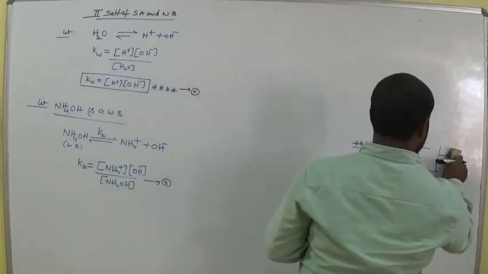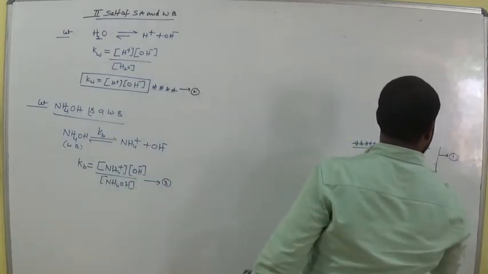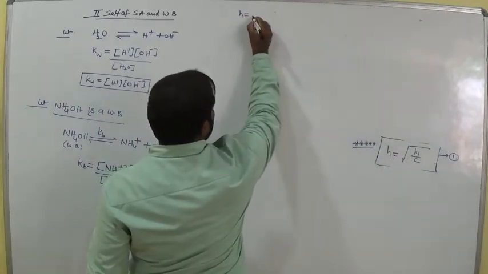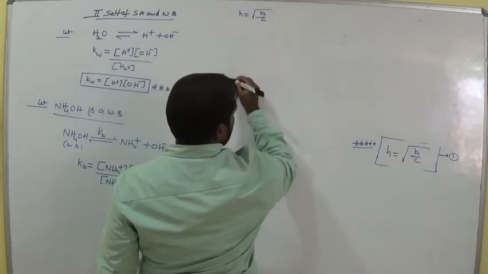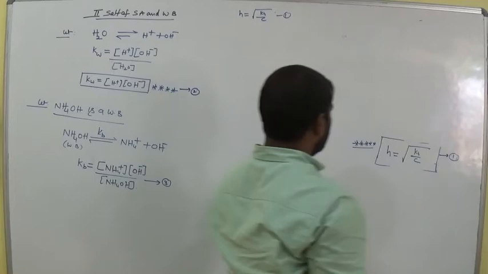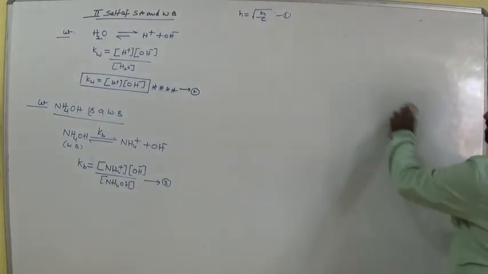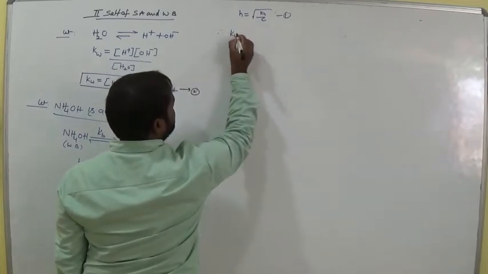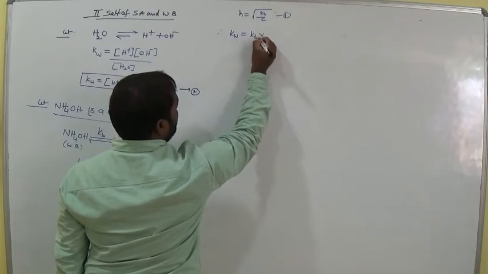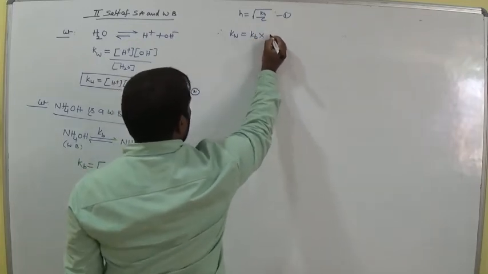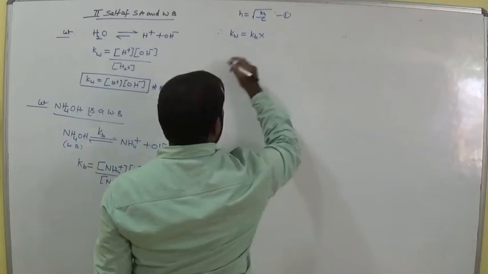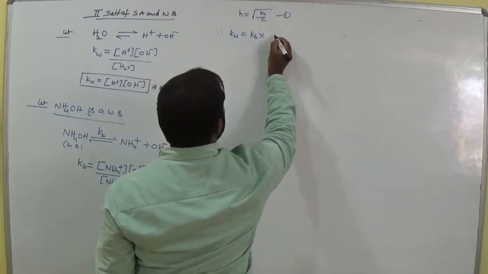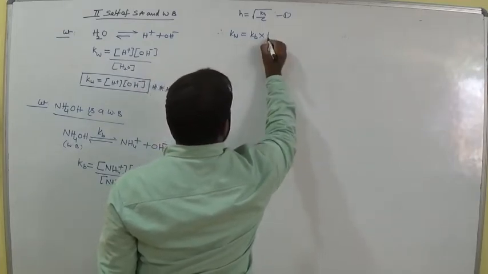This is taken as 1. So what is 1 here? H equals the square root of KH by C. This is taken as 1. Clear? Therefore, KW equals KB into KH.